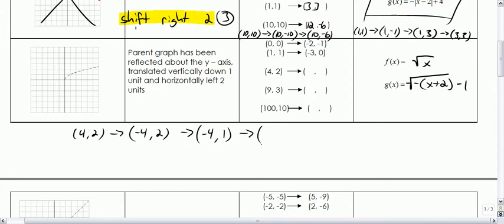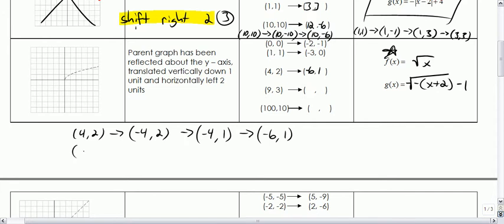And then left 2 would be subtract 2 from the x. Negative 6, 1. Okay, (9, 3). Check (9, 3), right? If you plug the x into f of x right here, would you get 3? Yes, the square root of 9 is 3.